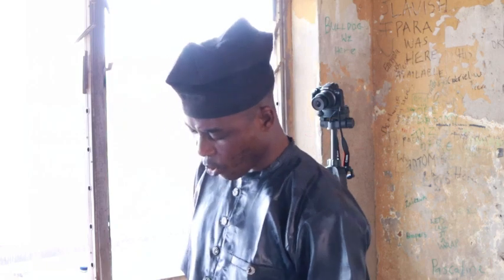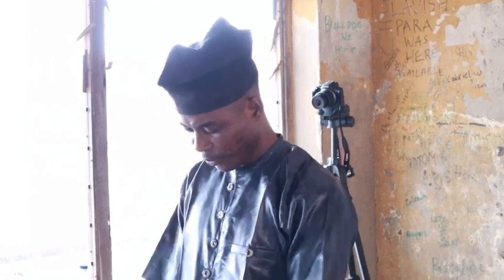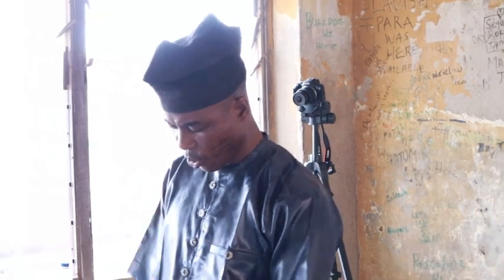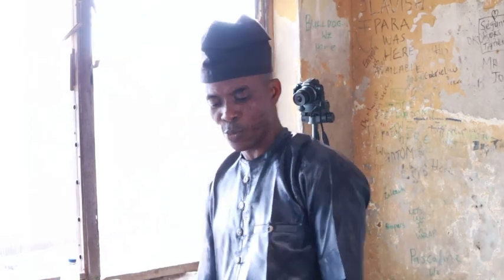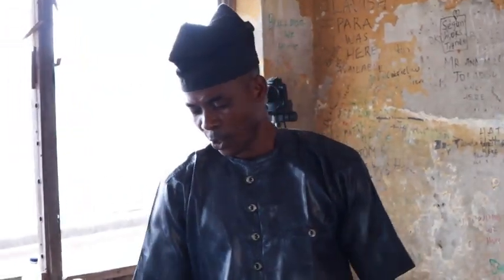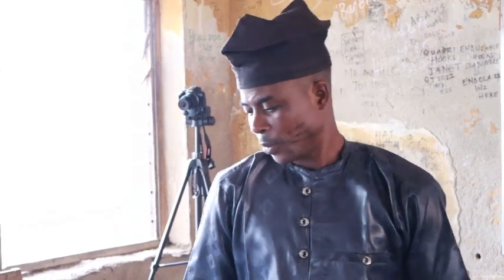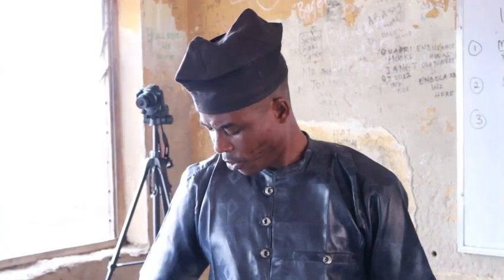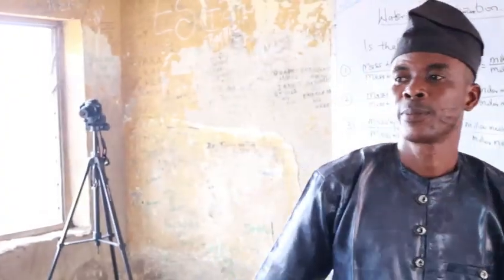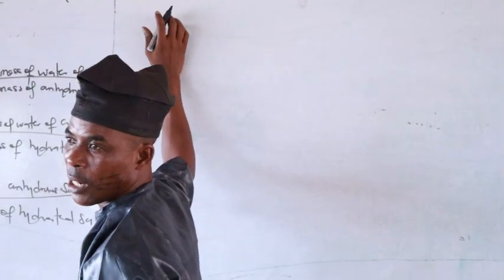You have Na is equal to 23, S is equal to 32, O is equal to 16, then H is equal to 1. Solve that.